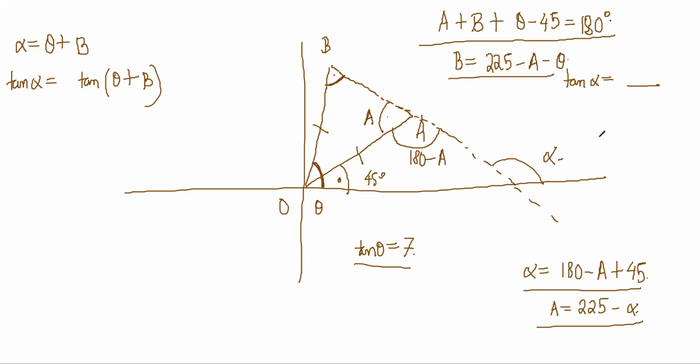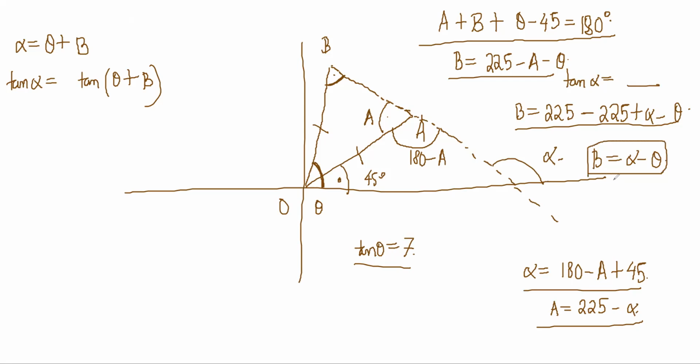So B is equal to 225 minus A, which is 225 plus alpha minus theta. So B is equal to alpha minus theta. So alpha plus theta is equal to theta plus B is equal to alpha. Okay, that is useless. Fine. I mean, we can just do it. It's not very difficult. I thought we'd get something nice from there.